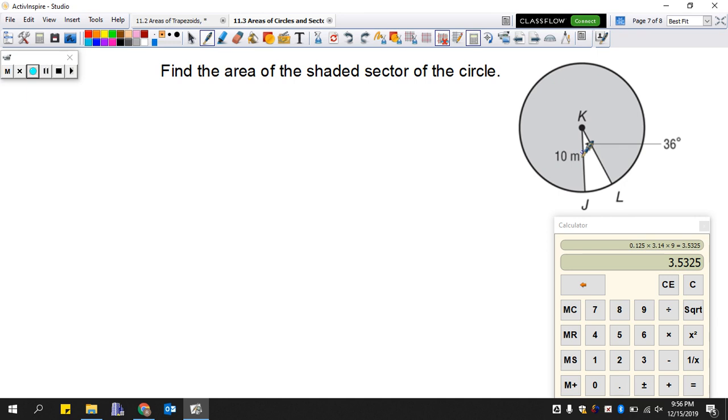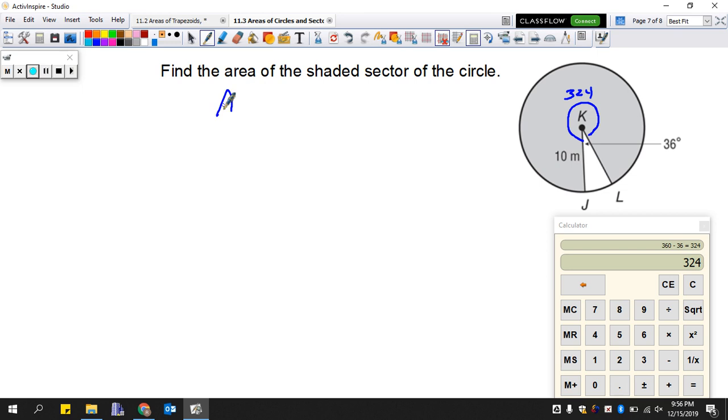That gives us the degree of the big sector, or we can find the area of the big circle, and find the area of the sector and subtract them. Well, I think it's easier to subtract the 360 minus 36. So that's 324. So we know the distance all the way around here is 324.